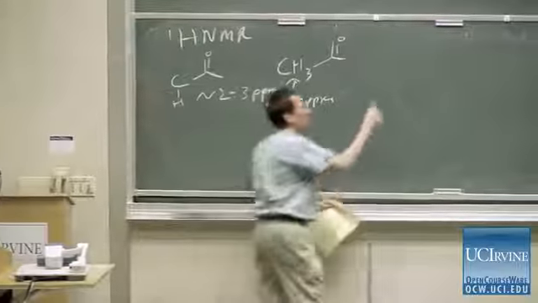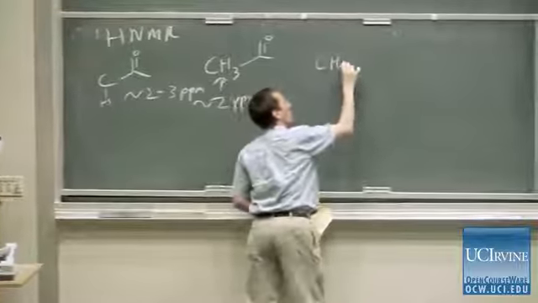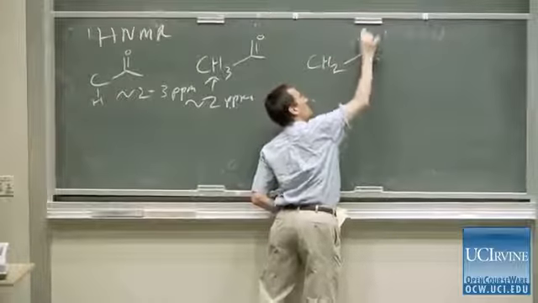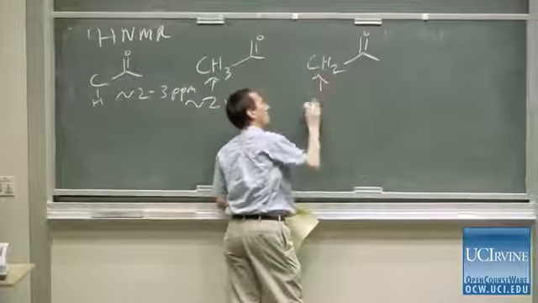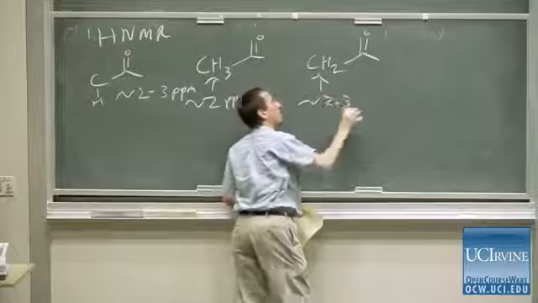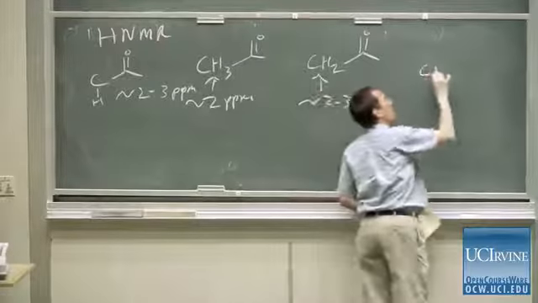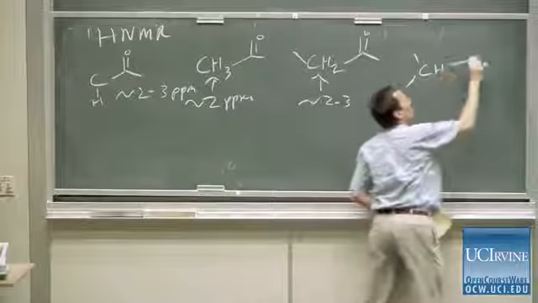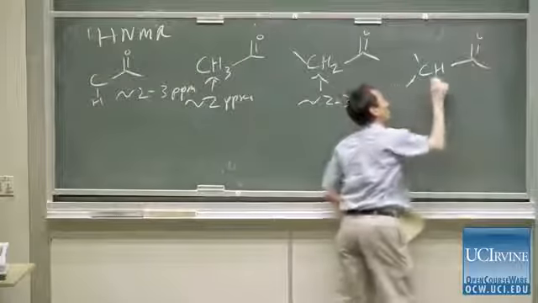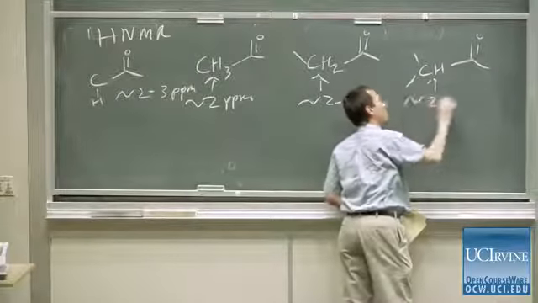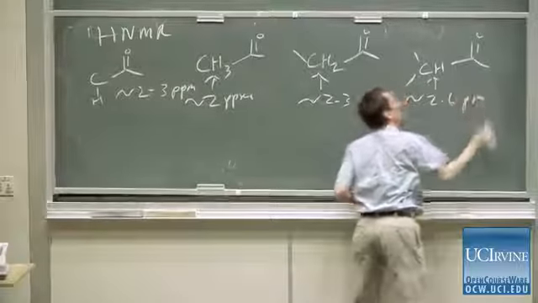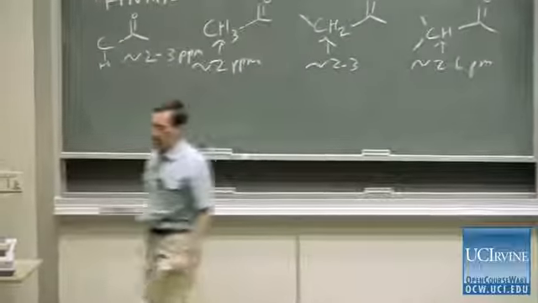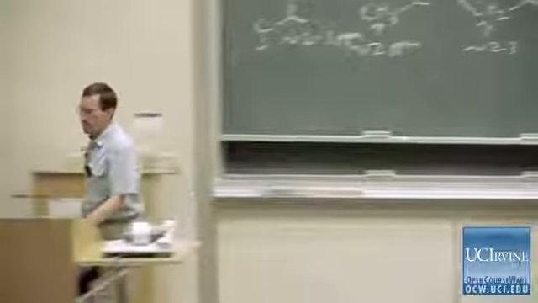If it's a methylene group, it'll be a little bit further downfield, maybe 2.3-ish ppm. If it's a methine group, it'll be a little further downfield still, maybe about 2.6 ppm. And so this is kind of a good starting point for reading an NMR spectrum.